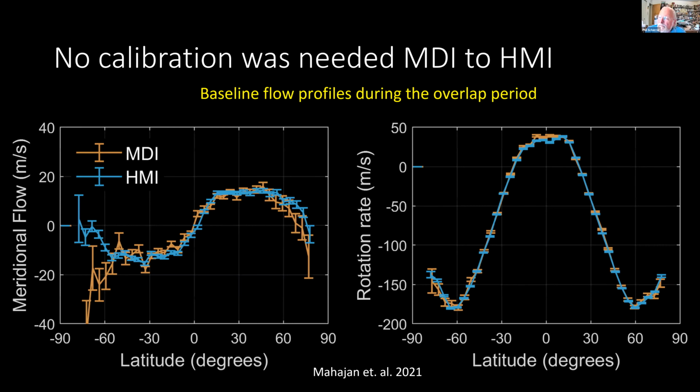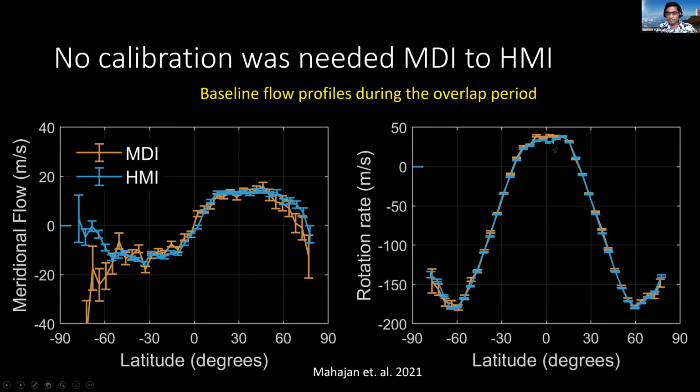I have a question. On the slide you showed for the comparison with MDI, on the right-hand panel showing the rotation rate, on the higher resolution instrument, there's a dip at the equator.